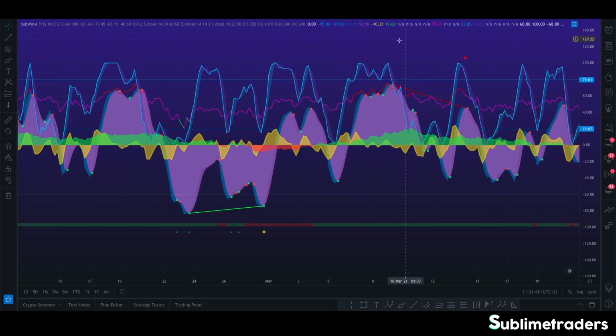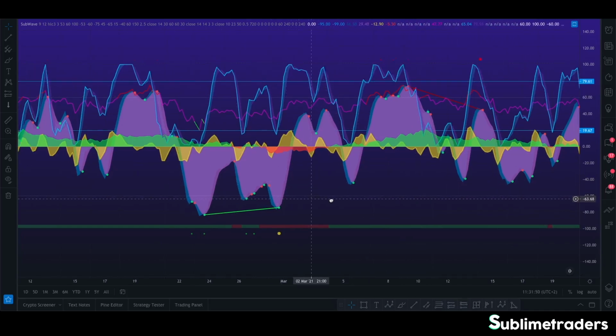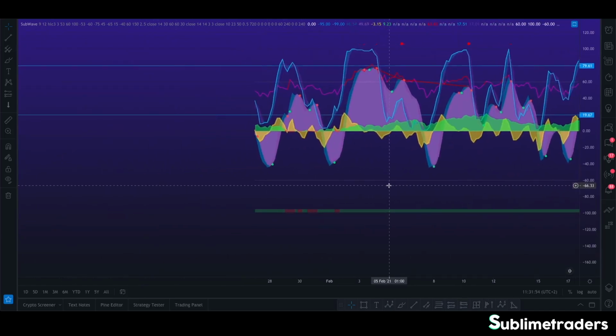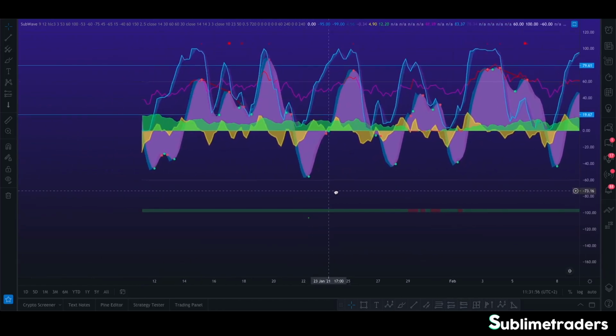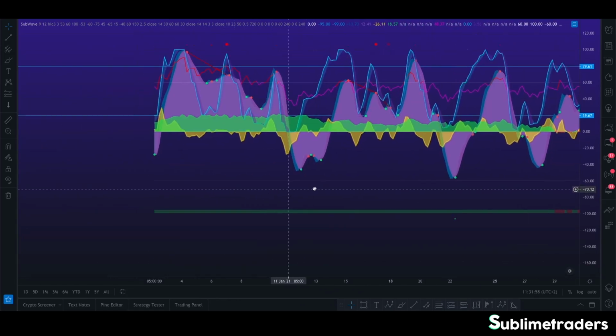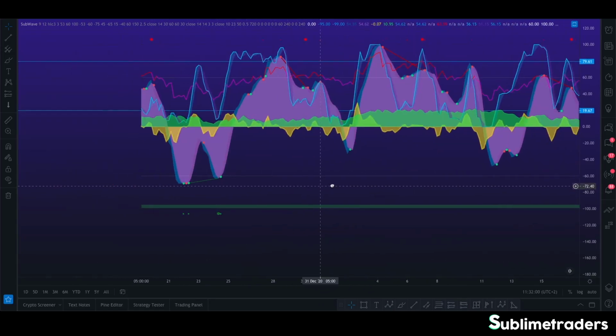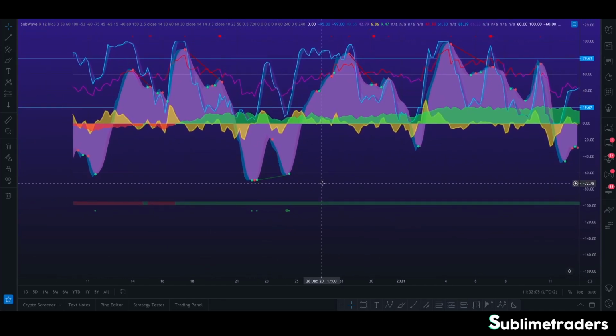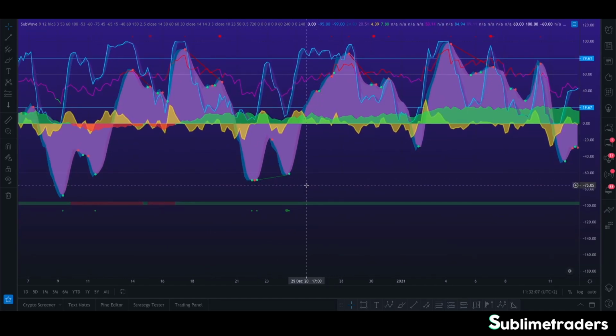So now let's look. As you can see, I don't have a view on the chart, so we will try to discover together the perfect entry for a long, and we will basically try to define a pattern that will always help us gain.